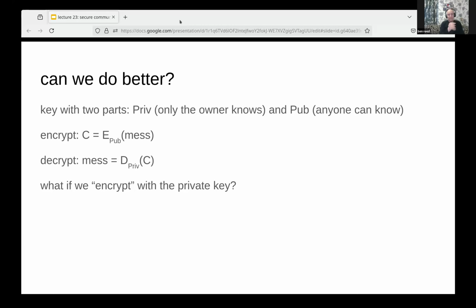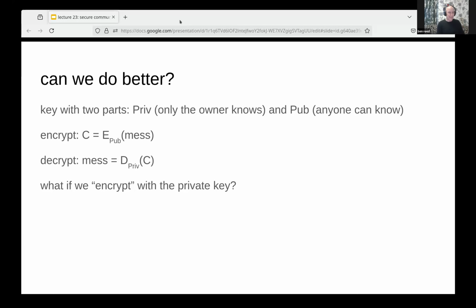All right, so now there is a question. Here we're using the public key to encrypt, and then we're decrypting with the private key. Well, what if we flip it? What if we encrypt with the private key and then decrypt with the public key?